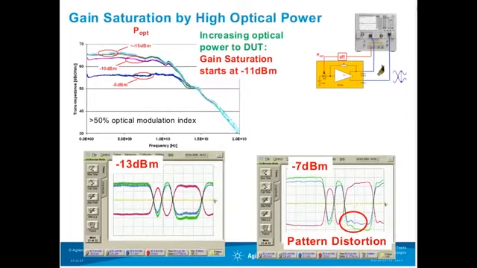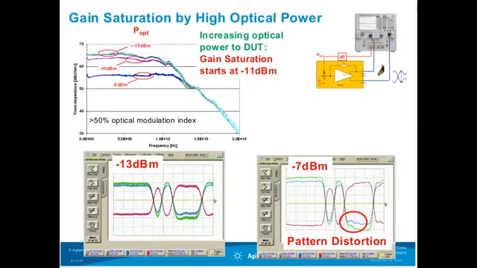Another important measurement for the opto-electronic components is how the component behaves if you have very large optical input powers. The TIAs for the receive optical assemblies have to handle very large input power ranges.